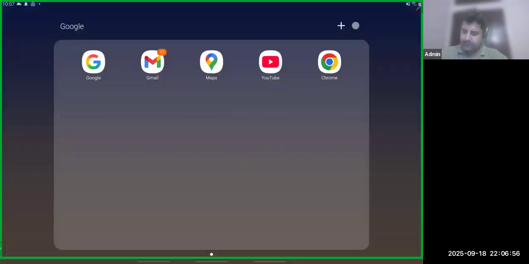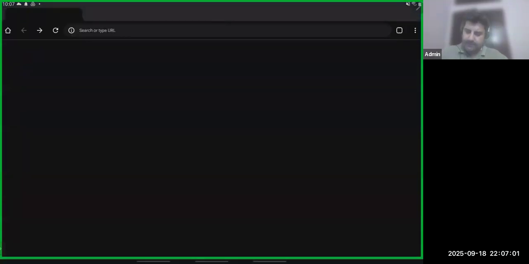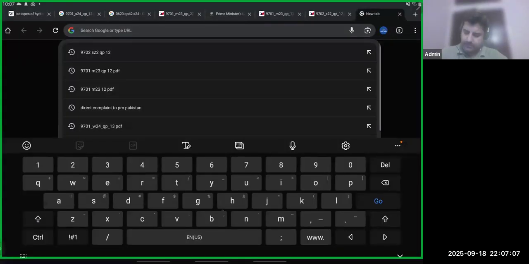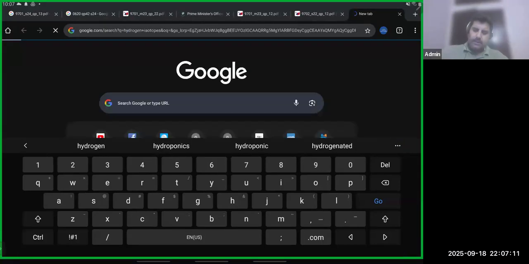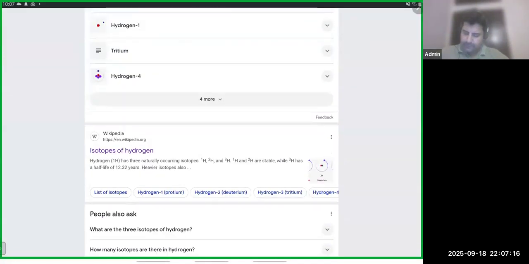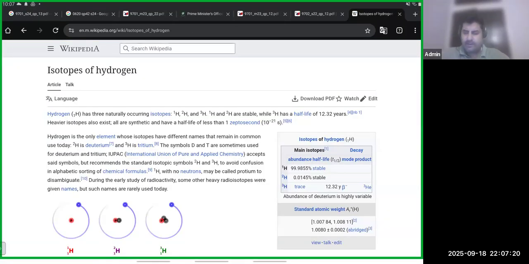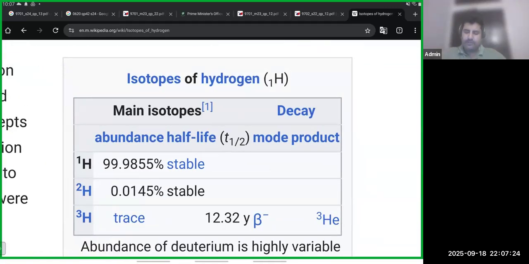अच्छा if you google the isotopes of hydrogen atoms, so atoms generally don't have a lot of stable isotopes.